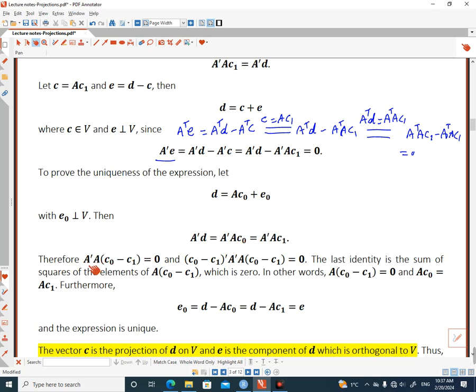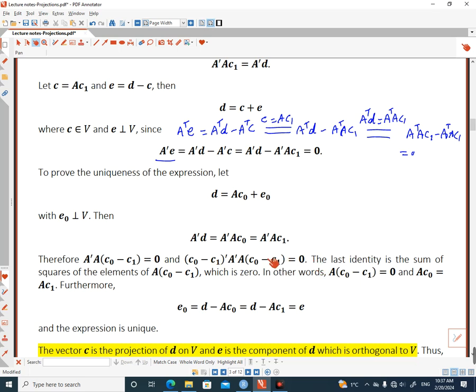We can then write A prime A (C0 minus C1) equal to 0, and then the square of that, or even if you pre-multiply by (C0 minus C1) prime, then it is still equal to 0.